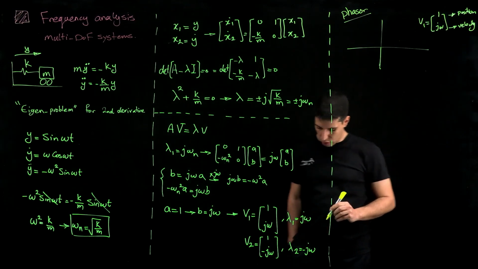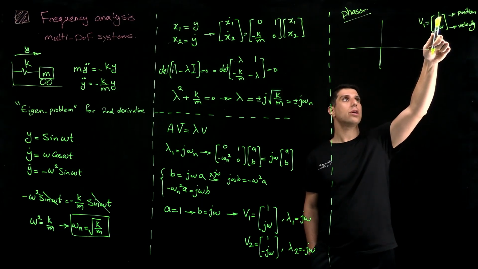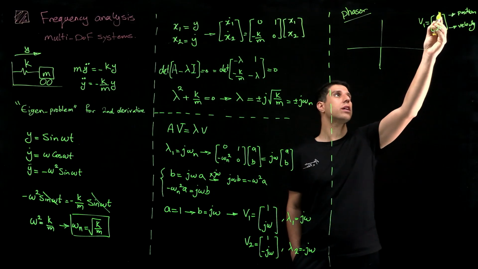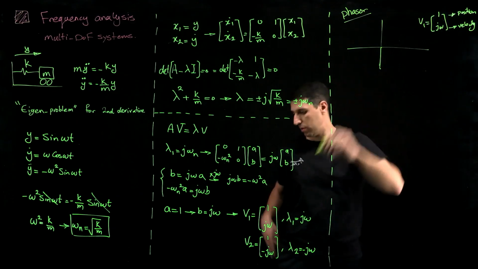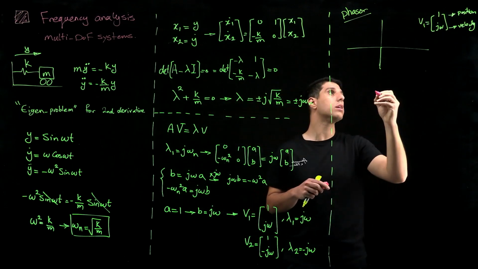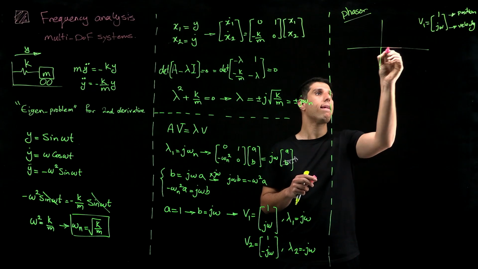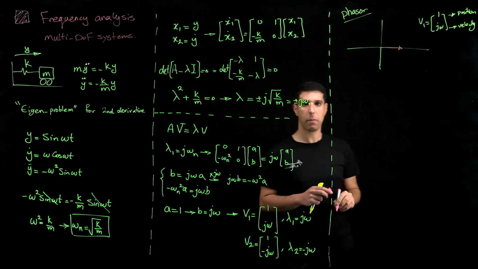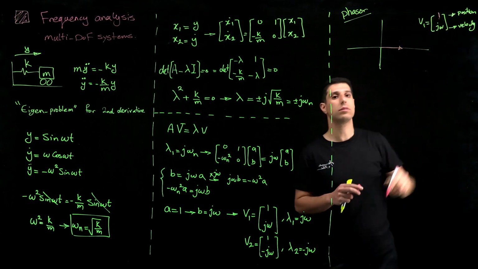So what I can do is draw my position vector. Position vector is just 1, so it's a real number. Let me draw it with a different color. So this is my position vector. Make that red also.